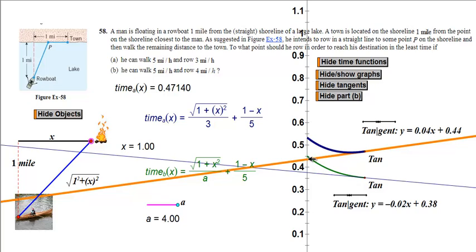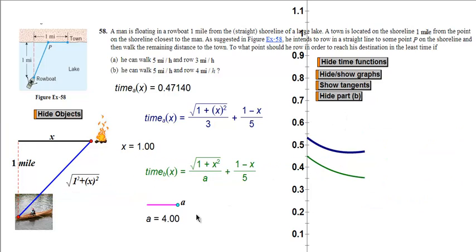So it never changed from decreasing back up to increasing again, which means if he rows at 4 miles per hour, the slowest would be to row the whole way. So that's kind of cool. One thing that you can do with this is you can actually change it. Now you can see if it's at 3, they lie on top of each other because that's what the original function was.